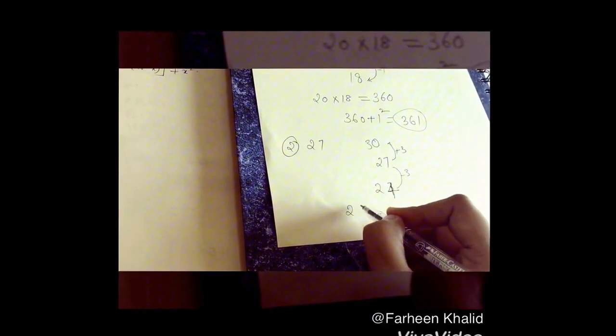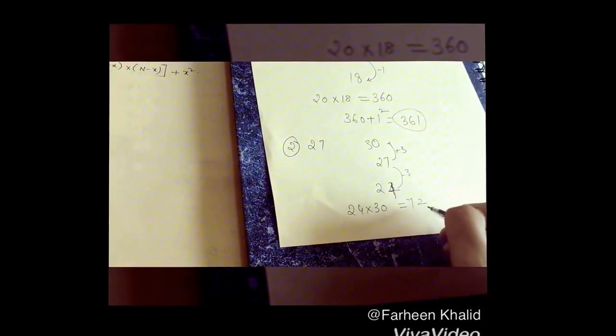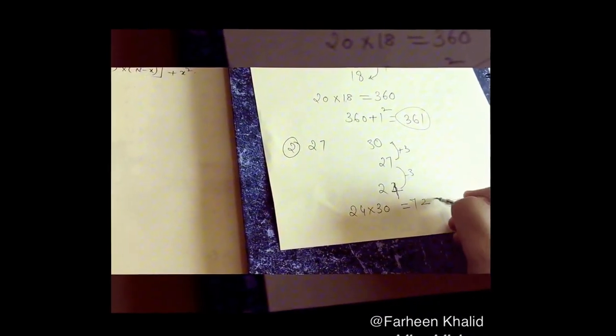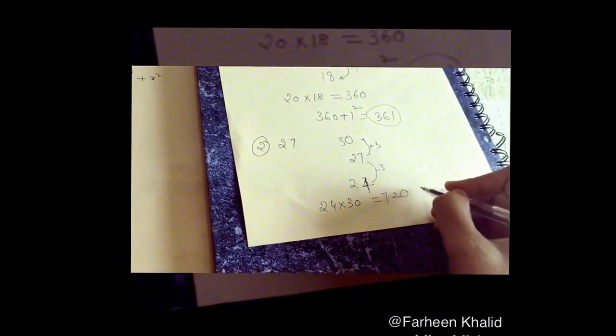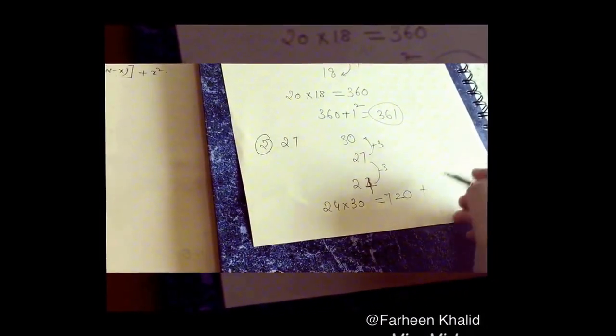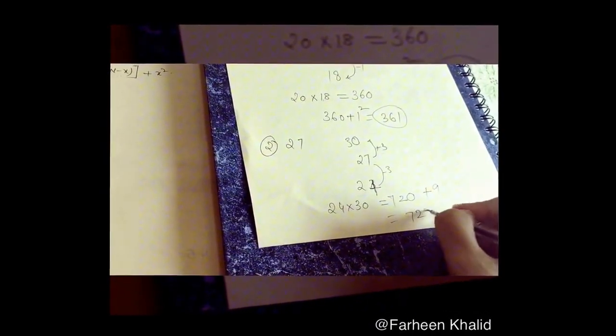So the next step is to do 24 times 30, which is 3 times 4 is 12, 3 times 2 is 6, and 7, so 72. And the 0 here, so it's 720. Next we add 3 square, x square, to this number. 3 square is 9, so our answer is 729.